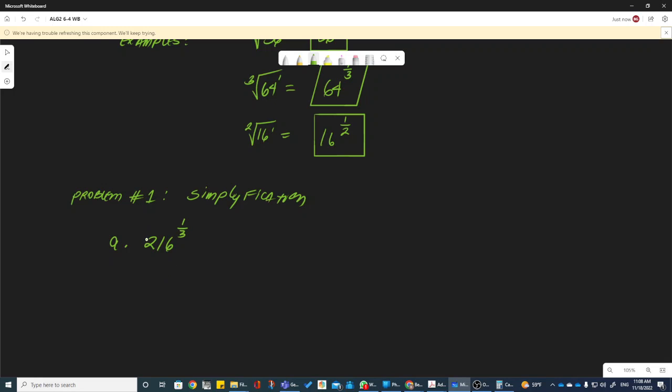And you have to make that into a radical. So what you do is that you take the base, which is 216, and you are going to put that inside of the radical. Now the bottom part of the exponent is the index that goes in here.